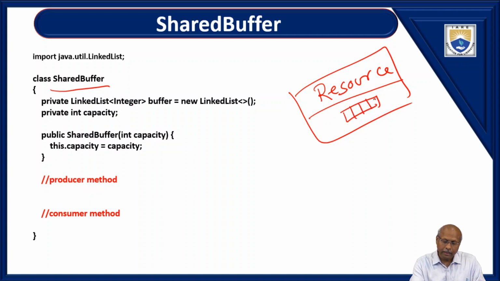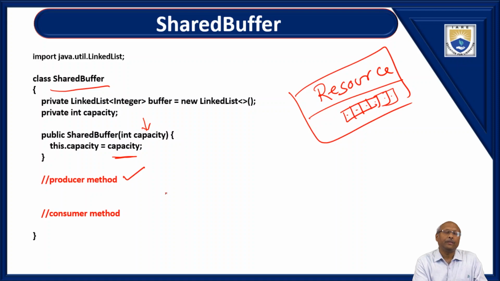It is a linked list, a set of integers. So now producer will produce a set of integers, then the consumer will consume. So initially my capacity is how much? Because my buffer is limited, assume 6. That means I can store a maximum of 6 items.